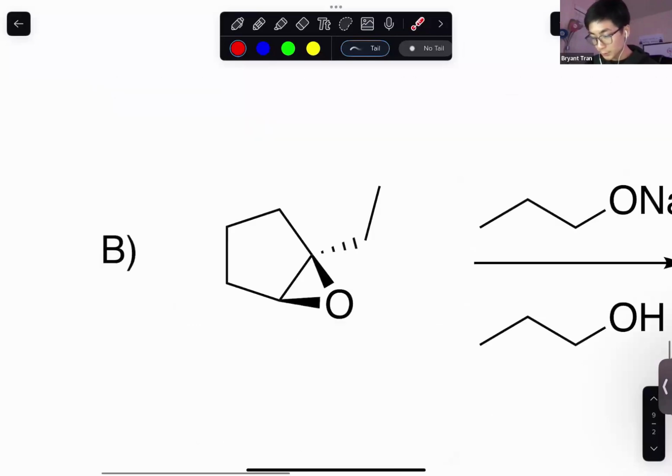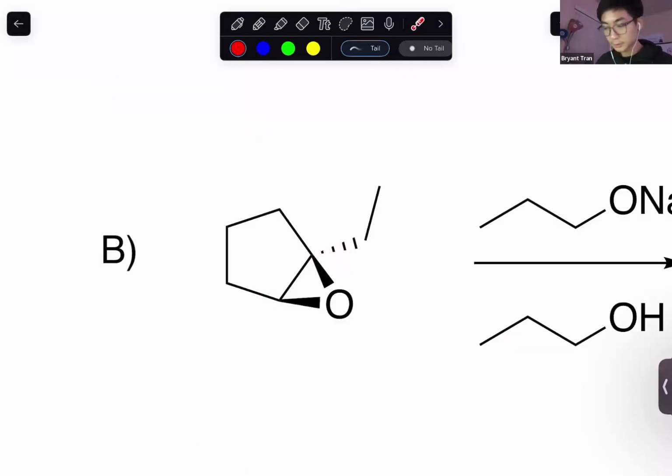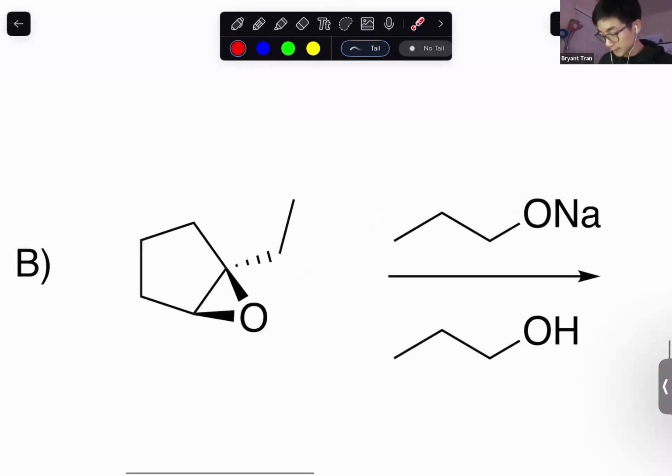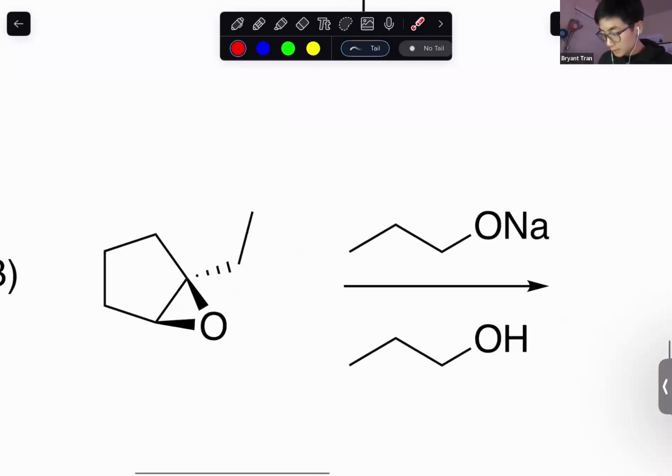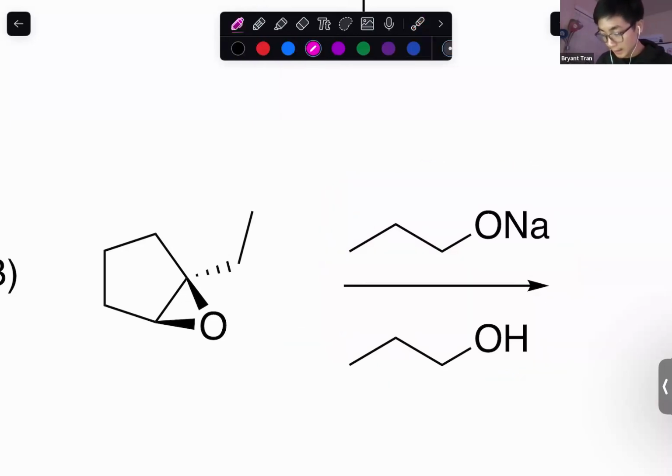So I went over this with Wiley at the beginning of the session. This B right here is an epoxide, a 3-membered ether. Our reagents here are RONa and ROH. Whenever you see Na, associate that with a positive charge.